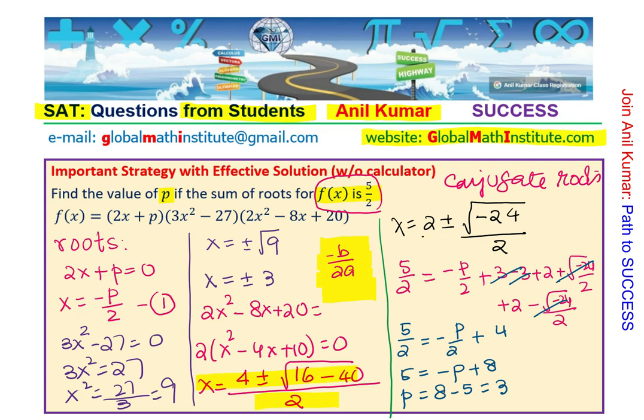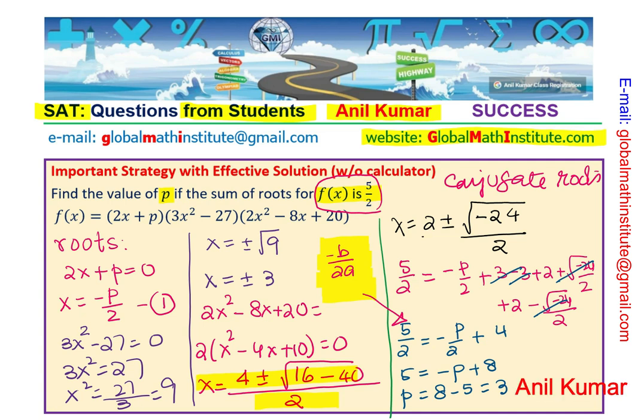So each root is minus b by 2a, two of them, right? So if you do minus b by 2a, you will get 2 plus 2, 4. And you could actually get to this result faster. So for those of you who have picked up this strategy, it will matter a lot. Else, do as I have shown here. Perfect. So I hope you have understood the strategy.